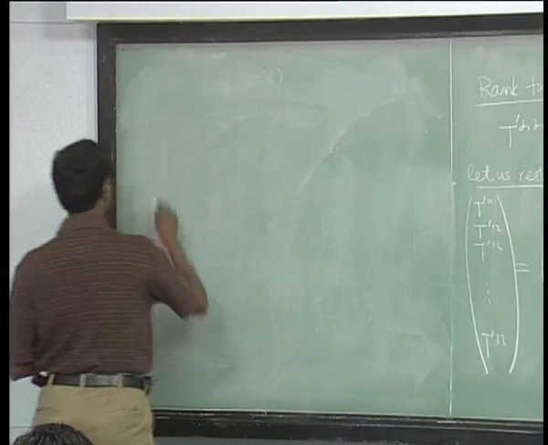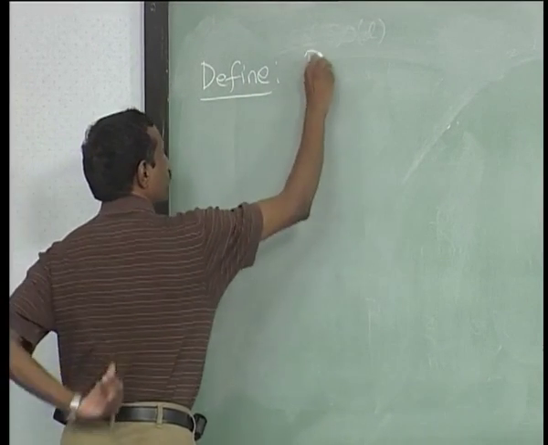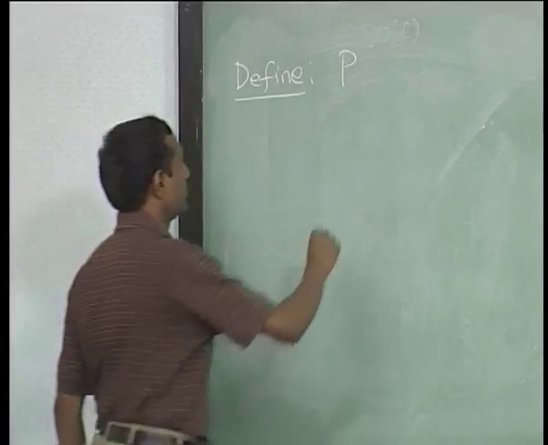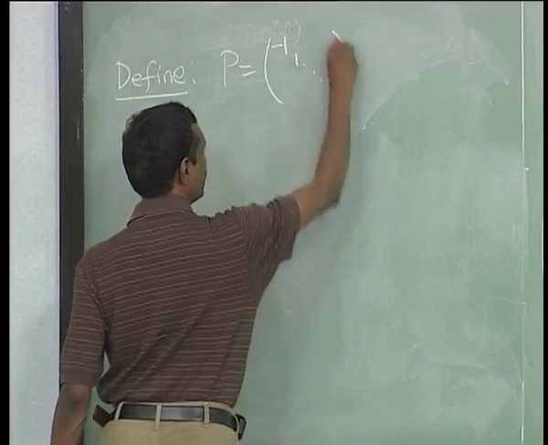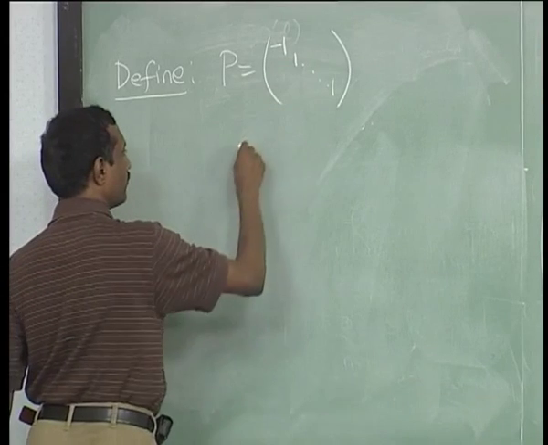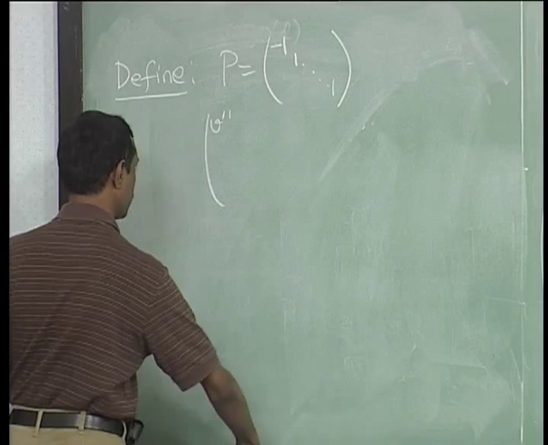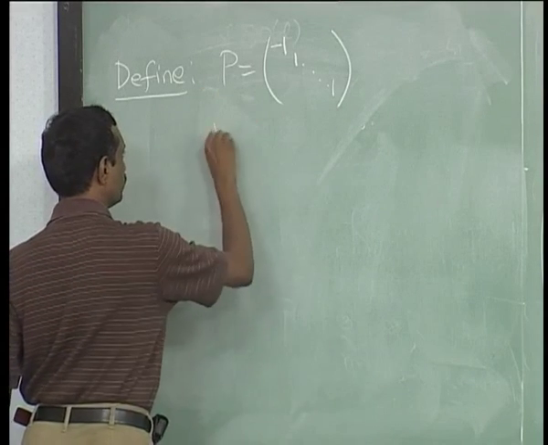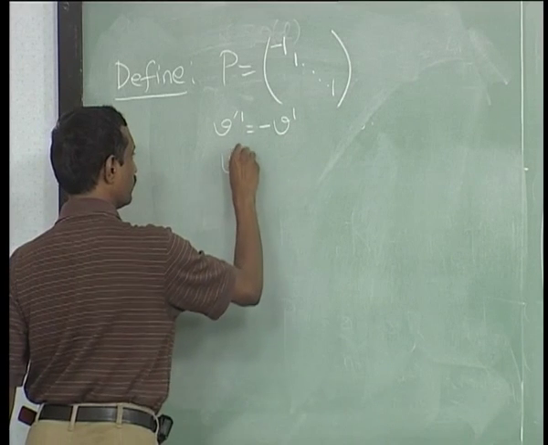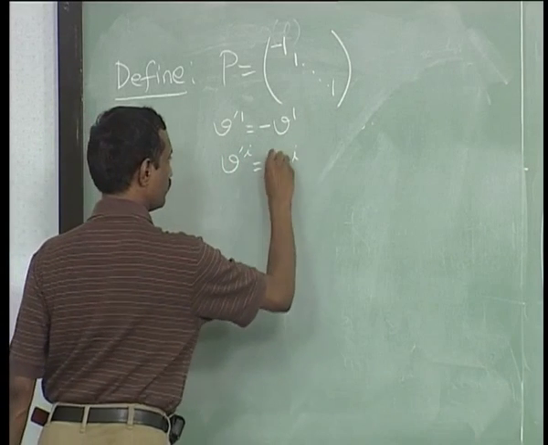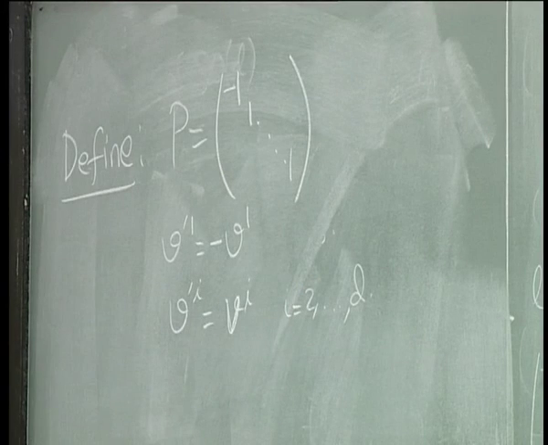an operation P to be, if you wish, the matrix -1 1 1 1 1. So acting on, what do I mean by that? I mean V prime 1 okay.